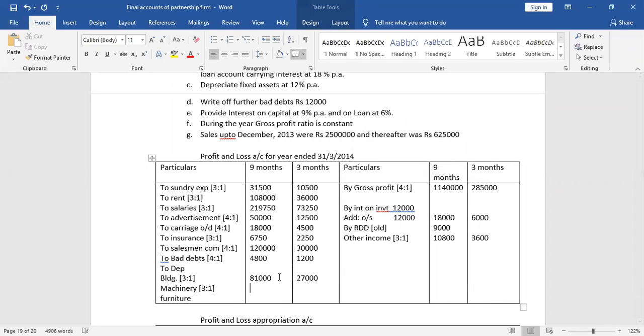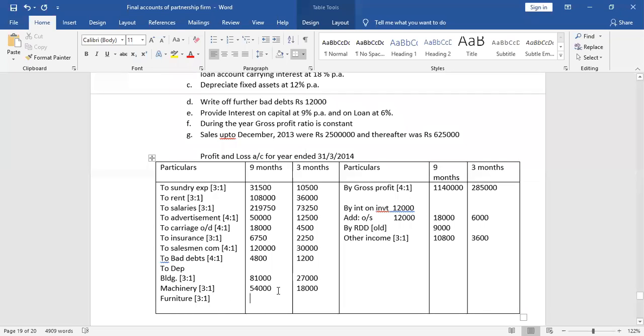You will get 54,000 in 3:1, and you will get 18,000. Furniture is 5,400. इसको भी ये रेशो में डिवाइड करो. 4,050 and 1,350.